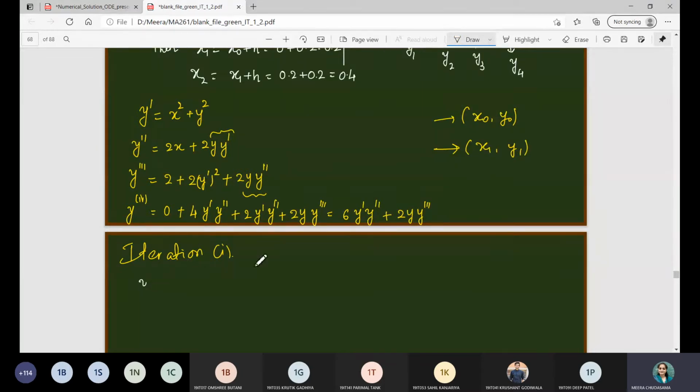Whenever you write the series by Taylor series method, let me write it down.